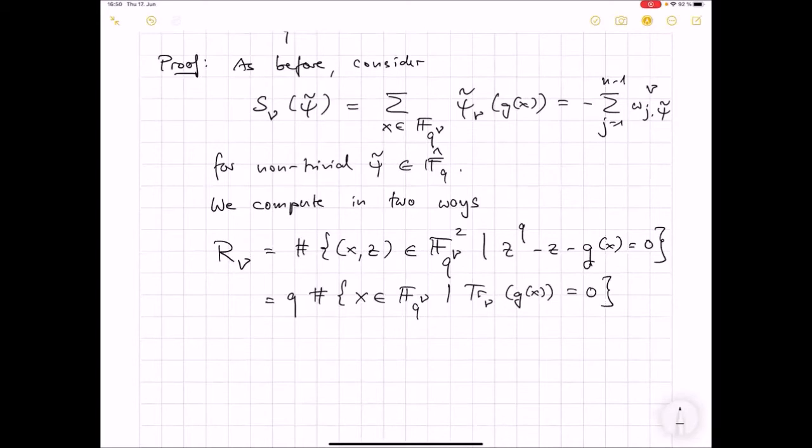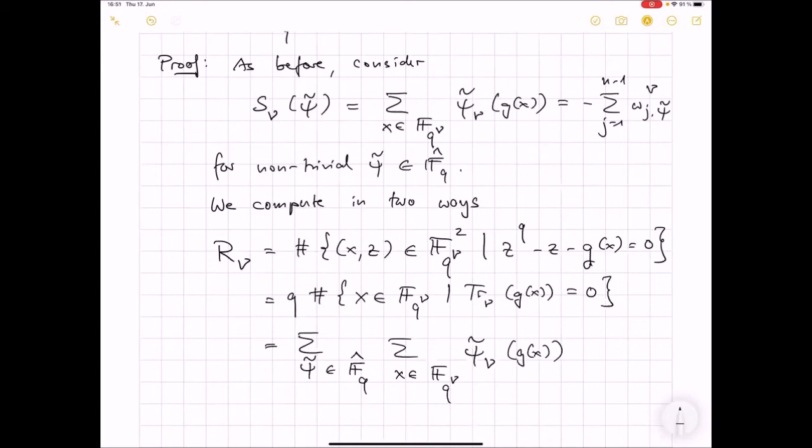Okay, and this is again something I can detect by characters. So I take the sum over all additive characters psi tilde in F_q hat, all x in F_q^nu, psi tilde composed with the trace of g(x). Because if the trace of g(x) is 0, then I get a contribution of q, and otherwise it vanishes.